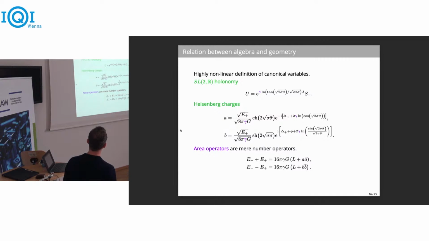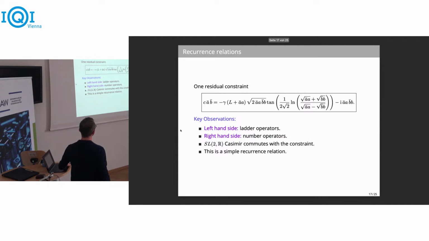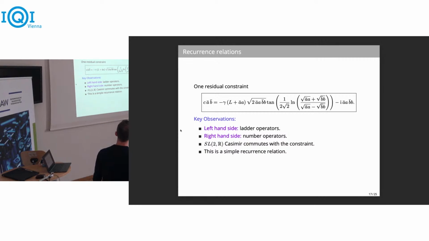And the shear degrees of freedom, they are in these oscillators. If you re-express the constraints in these variables, you are left with one residual constraint, which is highly nonlinear in terms of these oscillators. However, it has a simple structure. On the right-hand side, you just have number operators for your oscillators.